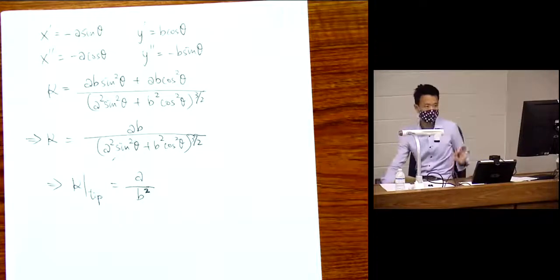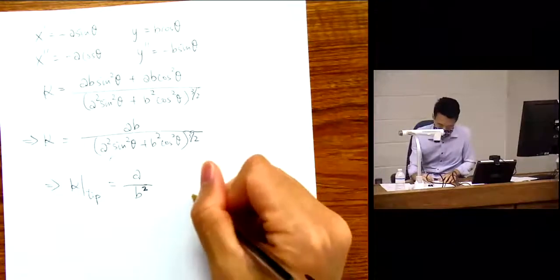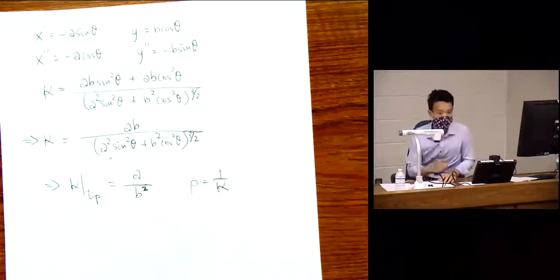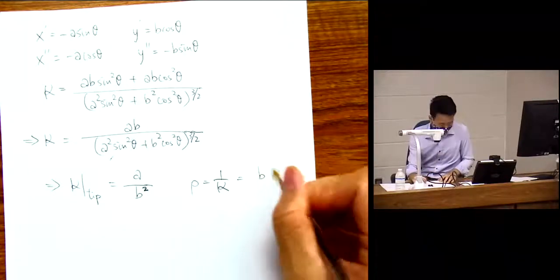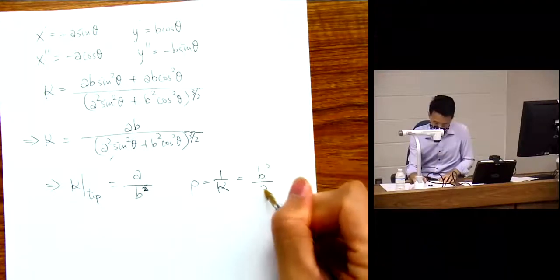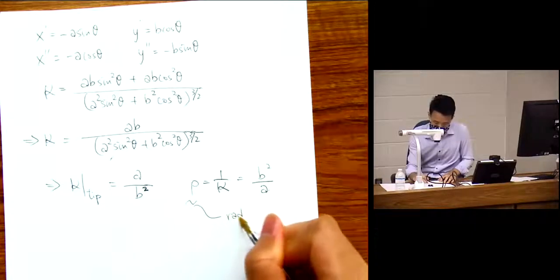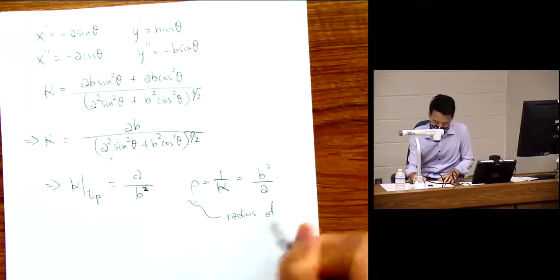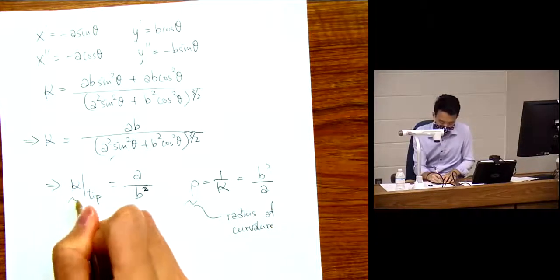Now this is the curvature. We like sometimes to look at the radius of curvature, which is just 1 over kappa. Now this is the radius of curvature. This is the curvature.